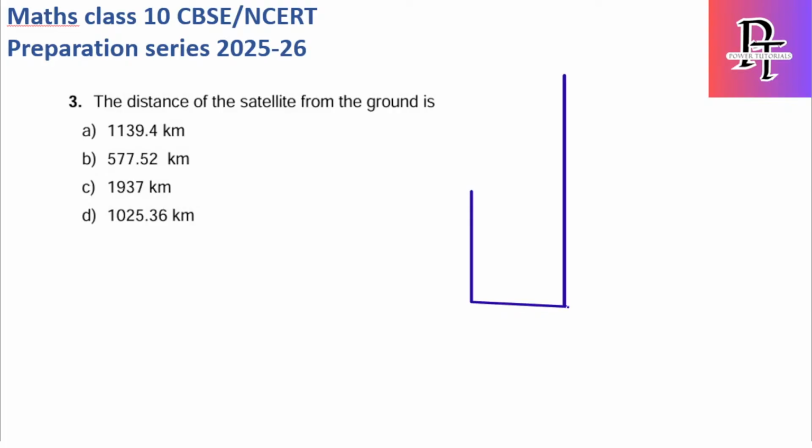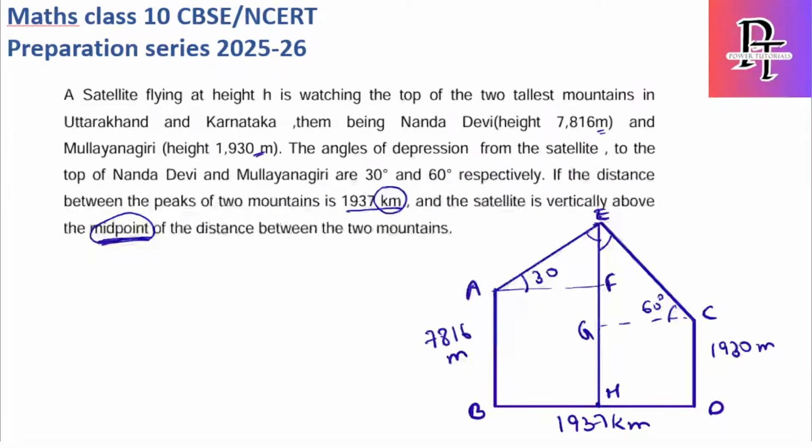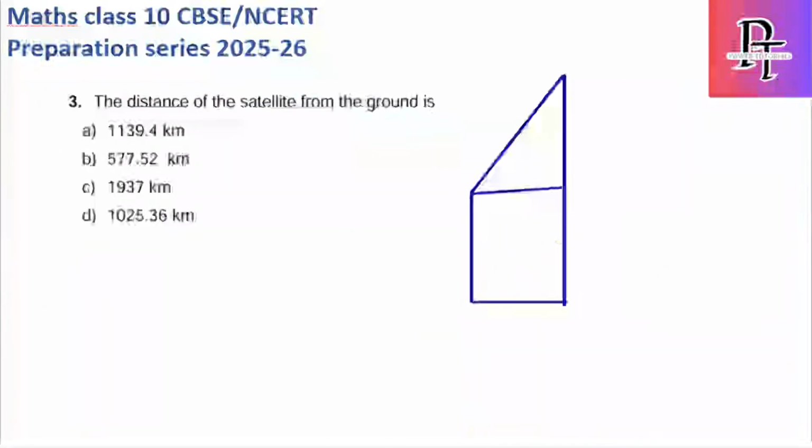We know this angle, which is 30 degrees. So it is A, B, E, F and H.